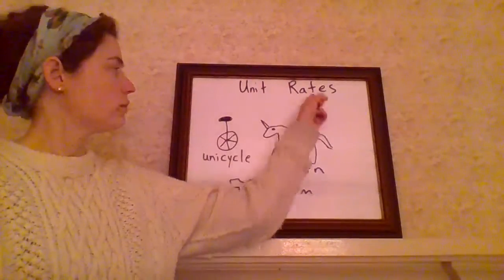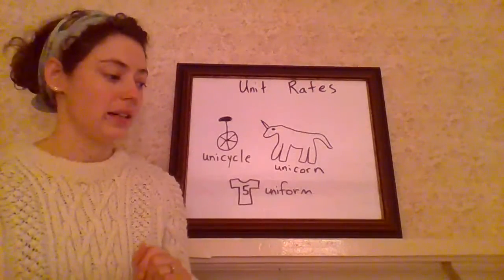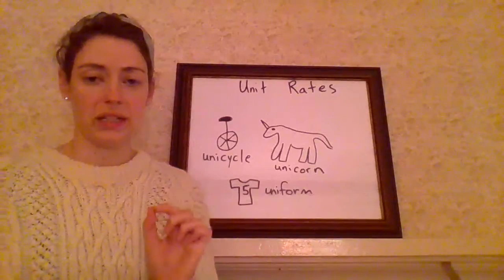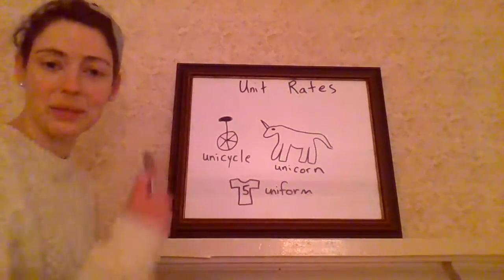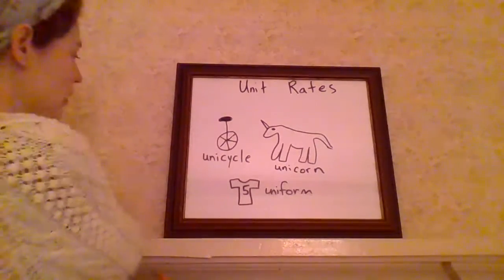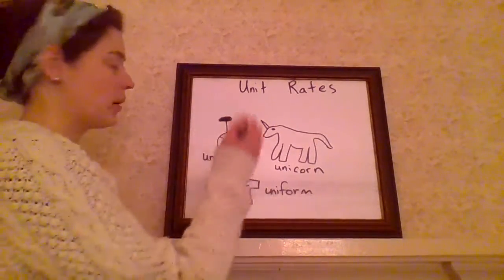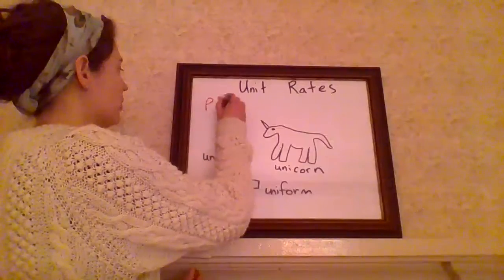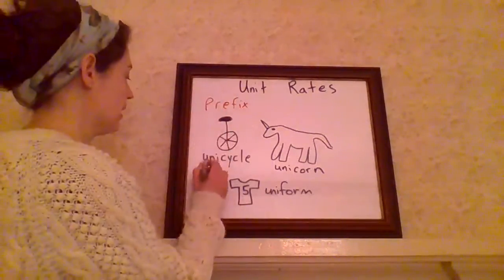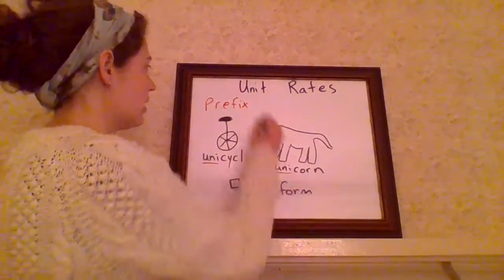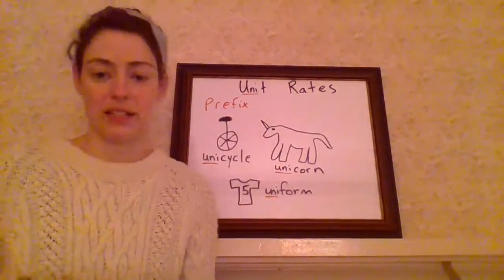Now, a unit rate is a more specific kind of rate. So let's look at, what does the word unit mean? I just have to sneak some English in here. So if you look at some things that have that prefix, and prefix means something that comes at the beginning. So uni, just like unit has the prefix uni.